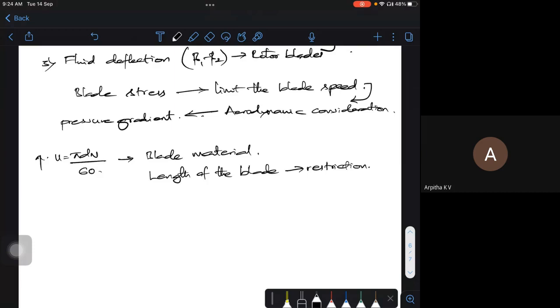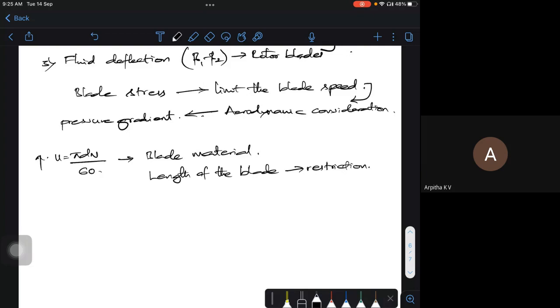If I go for longer blades, what will happen? It may lead to centrifugal tensile stresses. Go back to your strength of materials, look at the specimen, and the ASTM standards. The tensile stresses will make your blade fail under buckling conditions, because the blades are like a cantilever, almost fixed at the rotor end with the other end free.